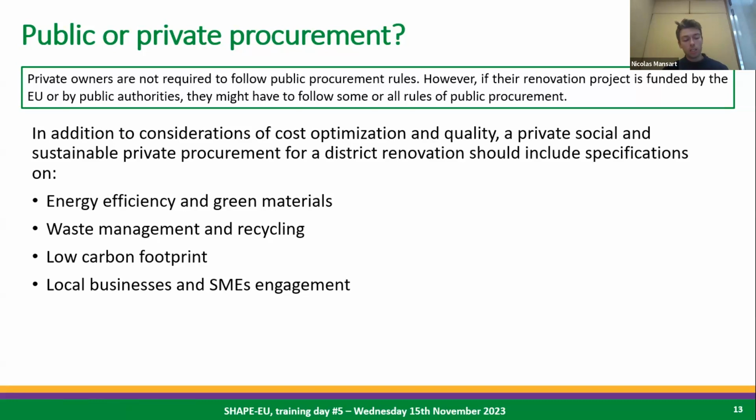But in the scope of a private, sustainable, and social procurement for district renovation, it can also involve a strategic approach to sourcing and acquiring goods, and include specifications on aspects such as energy efficiency and green materials, to prioritize sourcing energy efficient building materials, but also bio-based or geo-based materials, also reuse materials, and that goes with waste management and recycling.